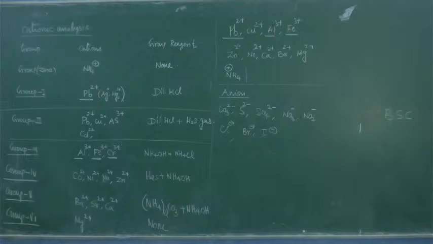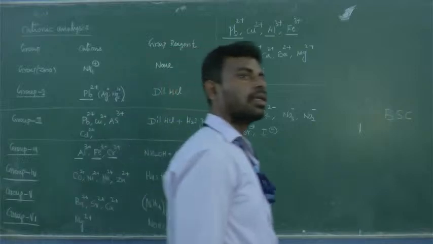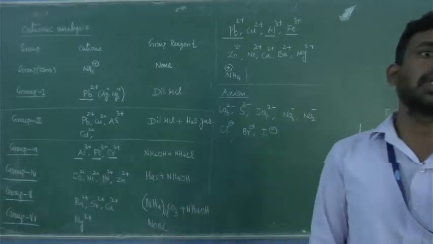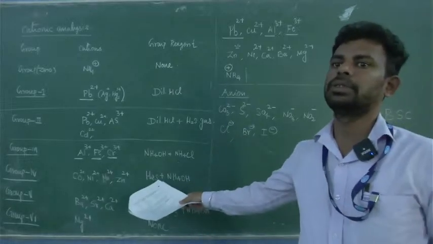Get my point? In the exam they can ask what are the cations present in group 0, 1, 2, 3, 4, 5, 6. Get my point? Yes? Okay. You copy this.